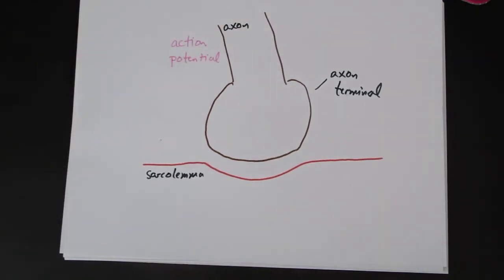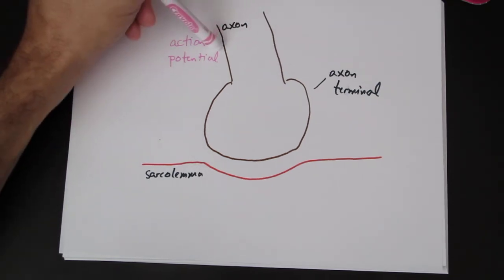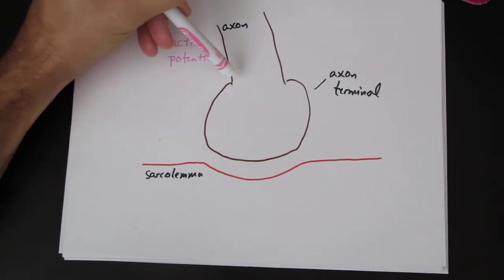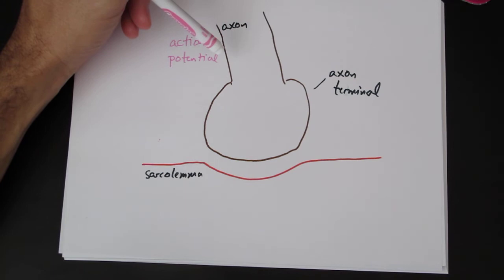We're going to go into action potentials in a lot of detail in the next unit of study, but suffice it to say right now, it's an electrical signal. There are sodium and potassium ions flowing across the membrane of the axon, and when you have ion flow, you have something called an electrical current.